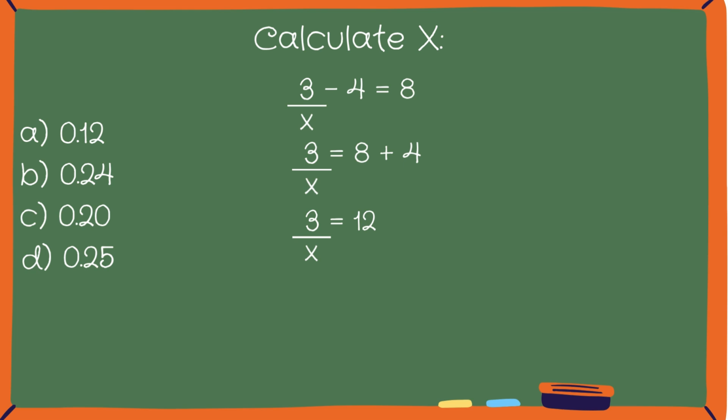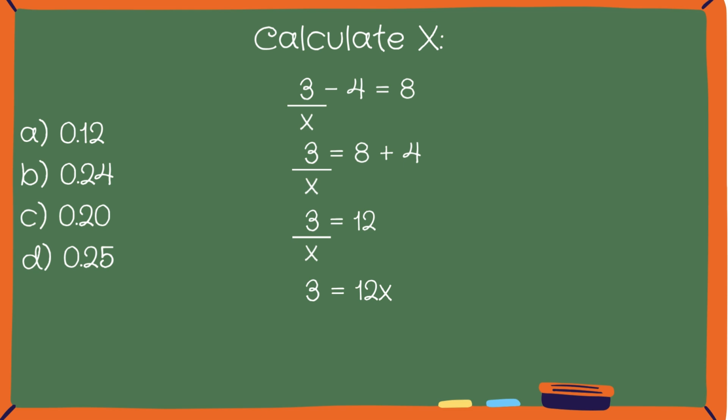Up to this point, it seems to me there is no difficulty. I'm going to rewrite this. Now look, this letter x, which is in the denominator, is going to move to the other side, multiplying. So look, I'll get this. 3 equals 12 multiplied by x. Now I'm going to reverse the order to make it more familiar. For many people, saying 3 equals 12x isn't very easy. People sometimes get confused.